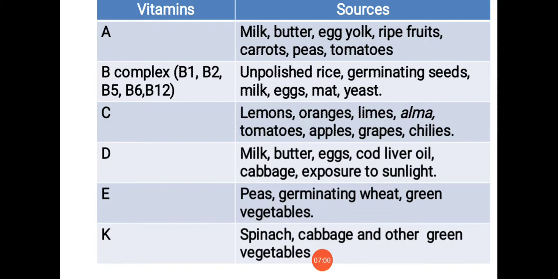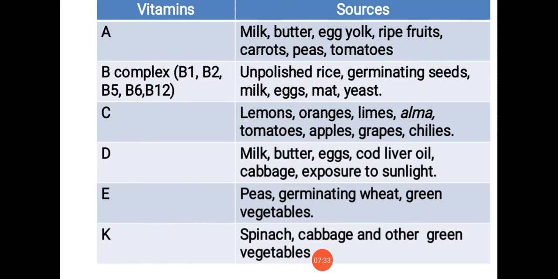And B complex. What are B complex? B1, B2, B5, B6, B12 are the B complex vitamins. We get these vitamins from unpolished rice, germinating seeds, milk, eggs, meat and yeast. And vitamin C we get from lemons, oranges, limes, amla, tomatoes, apples, grapes and chilies.